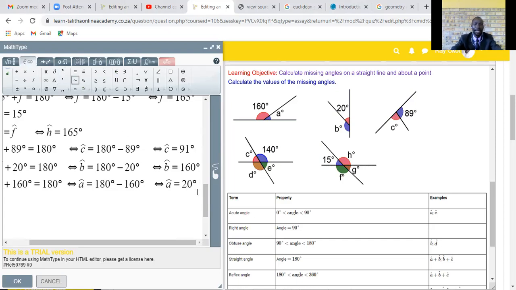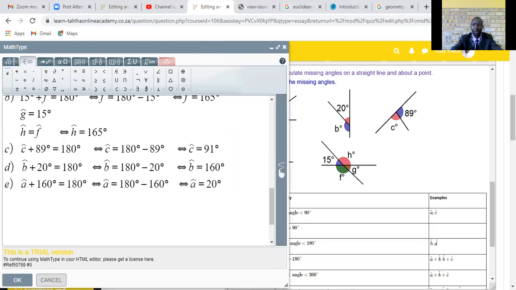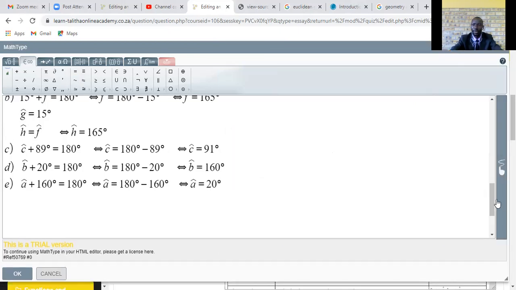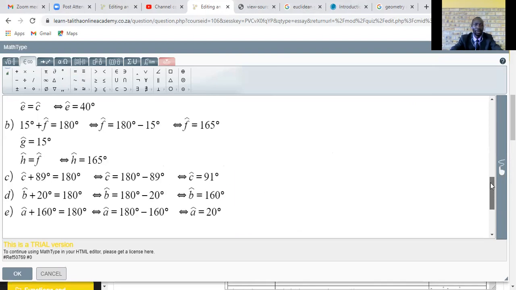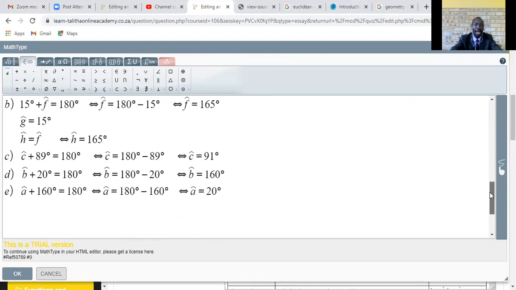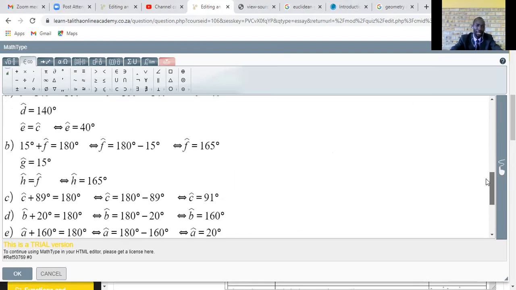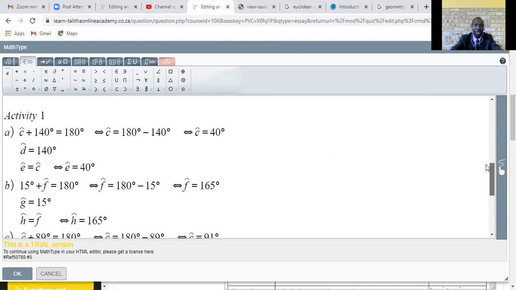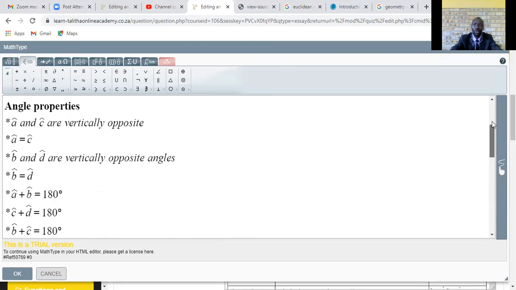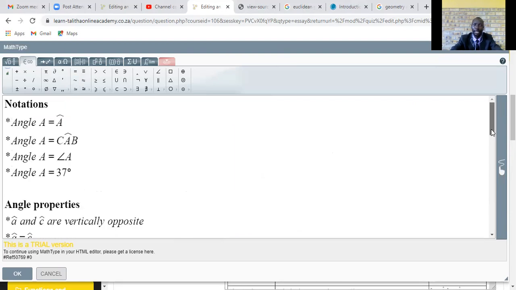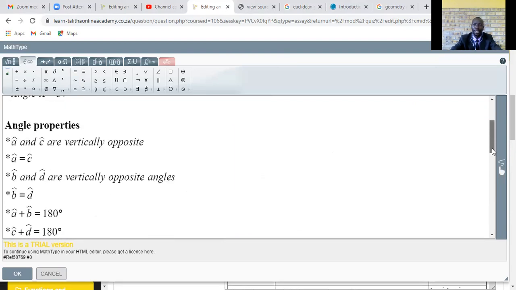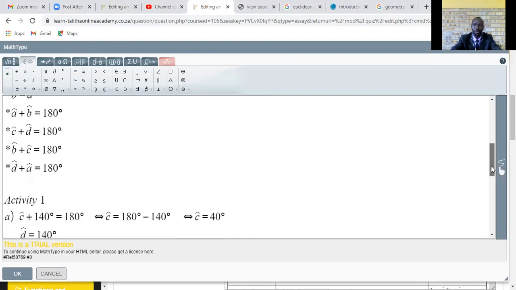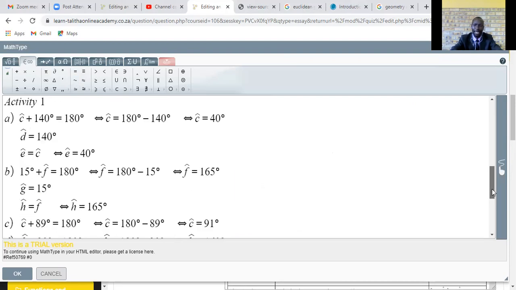Yes, this is how we calculate the values of angle A, angle B, angle C, and all these other angles based on this activity. So this now forms the first concept on angle properties.